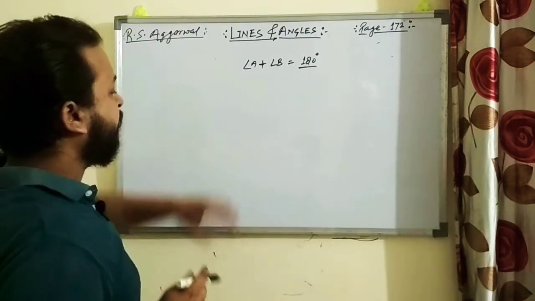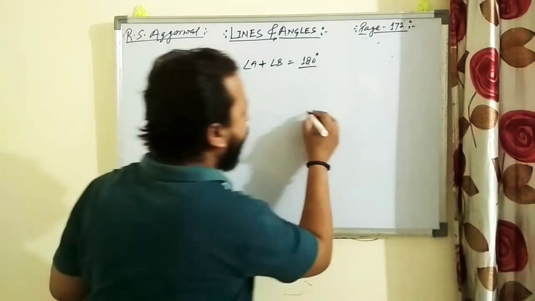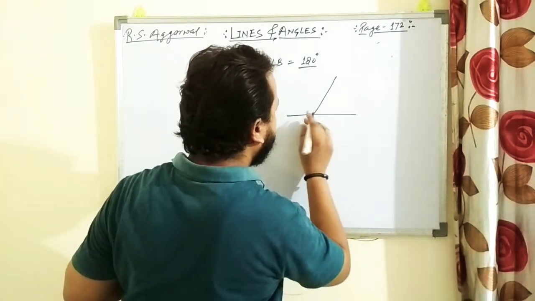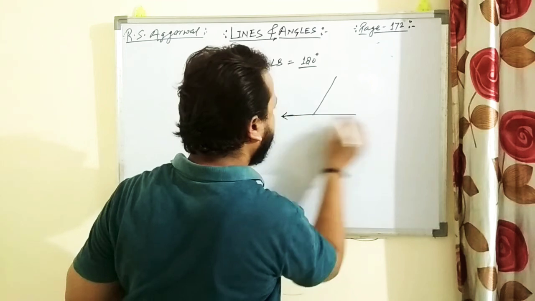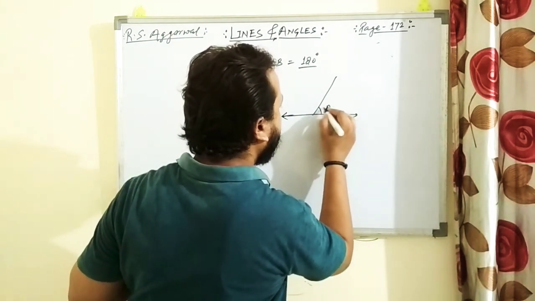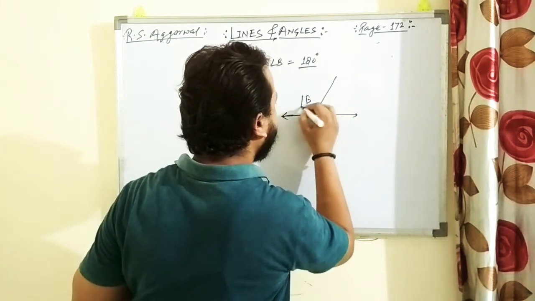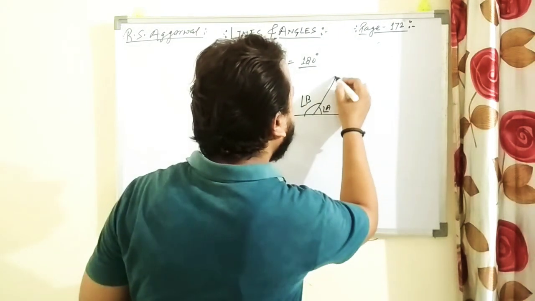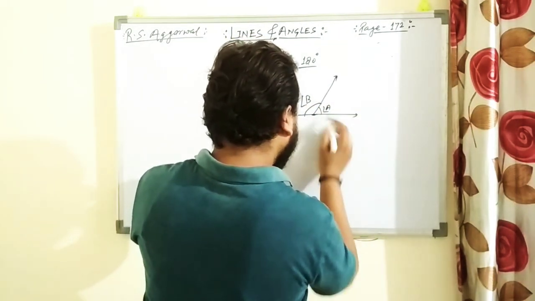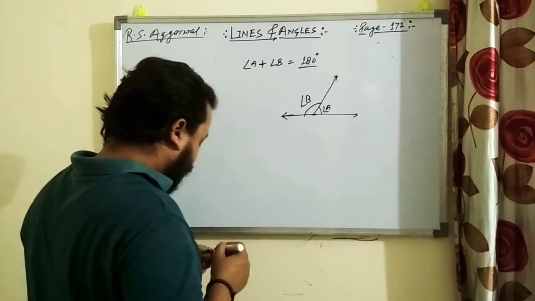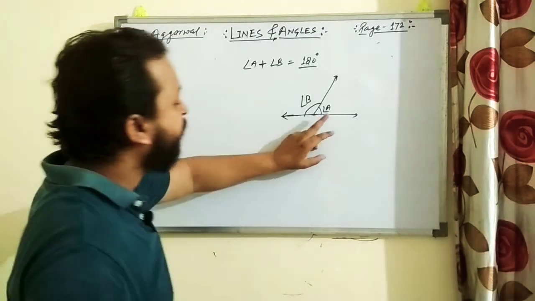So one thing you have to understand, suppose this is the figure, this is angle A and this is angle B, right? And they are making supplementary angles.